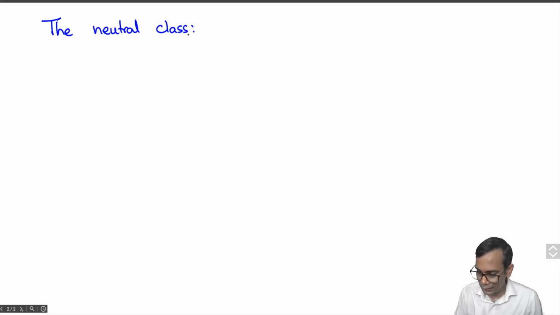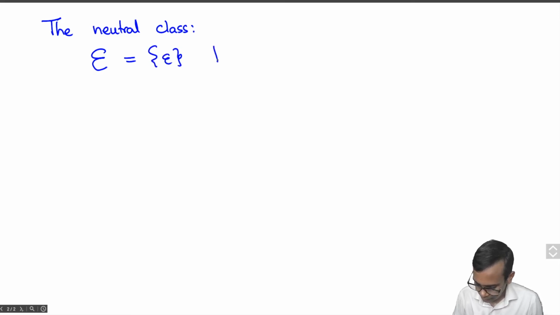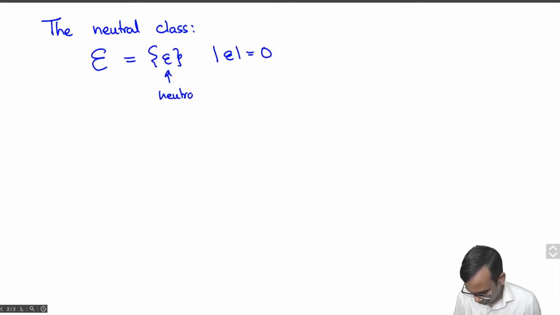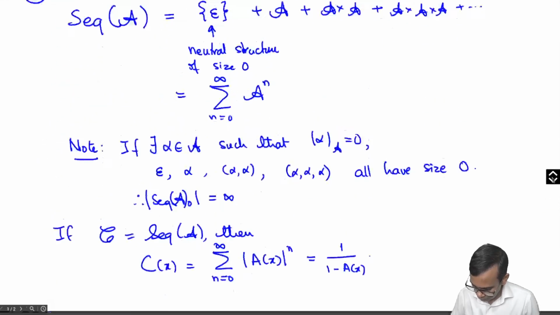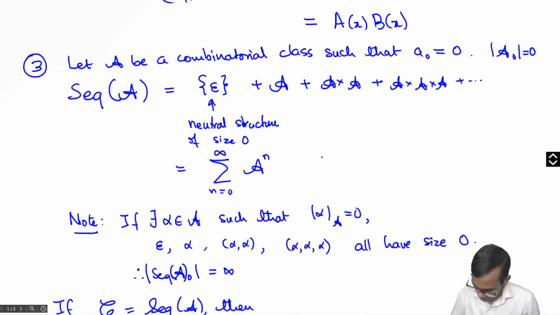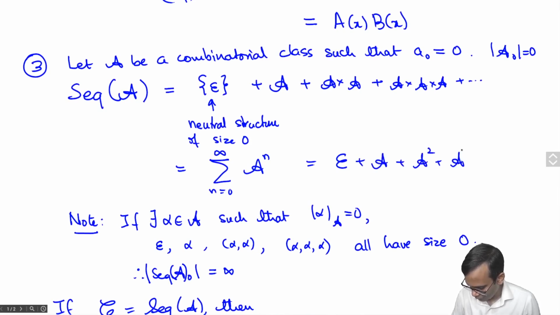The neutral class is the class denoted by E. It has only one element, namely epsilon, and the size of epsilon is 0. This is called the neutral element. So in this definition of sequence, I could have written this is epsilon plus a squared plus a cubed and so on.